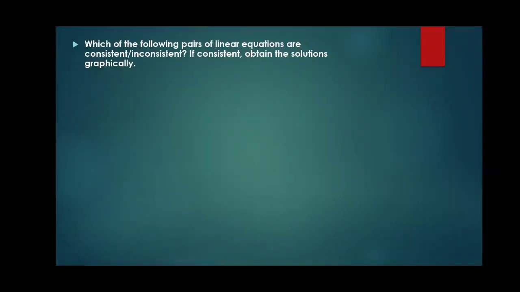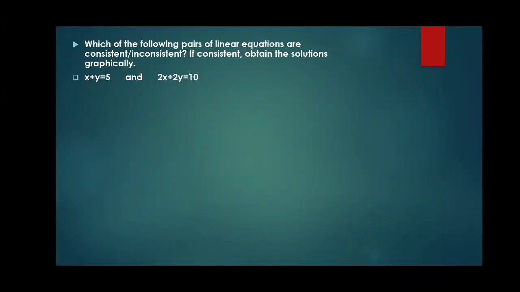Moving on, the question extends. If consistent, obtain the solutions graphically. So if the equations are consistent, then we have to plot their graph and then we'll obtain their solution. So the very first set of equations are x plus y is equal to 5 and 2x plus 2y is equal to 10.